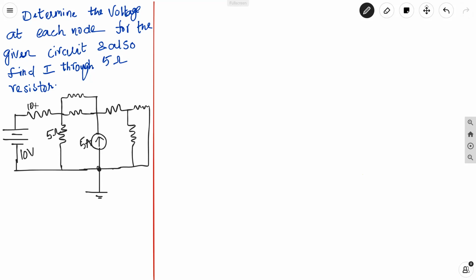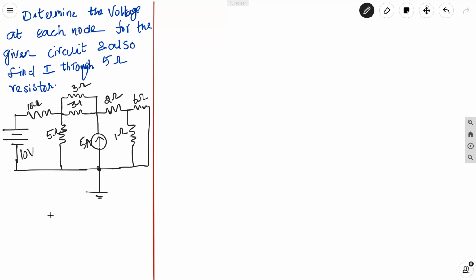This is 10 ohm. This is 3 ohm. This is 3 ohm. This is 2 ohm. This one 1 ohm. This one 6 ohm. Okay, this is the given circuit.